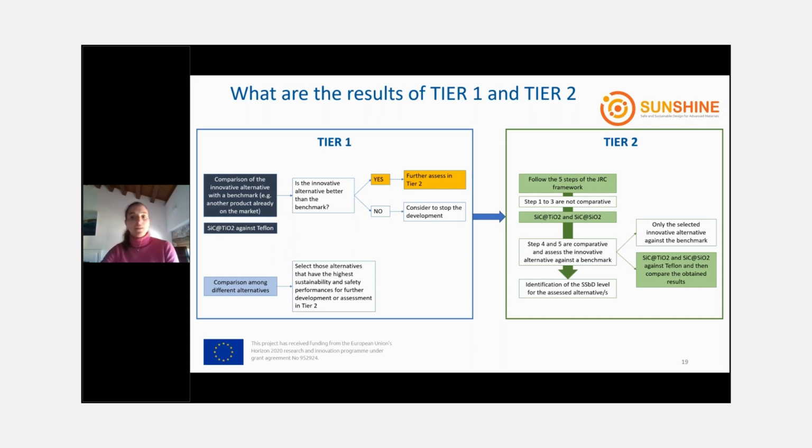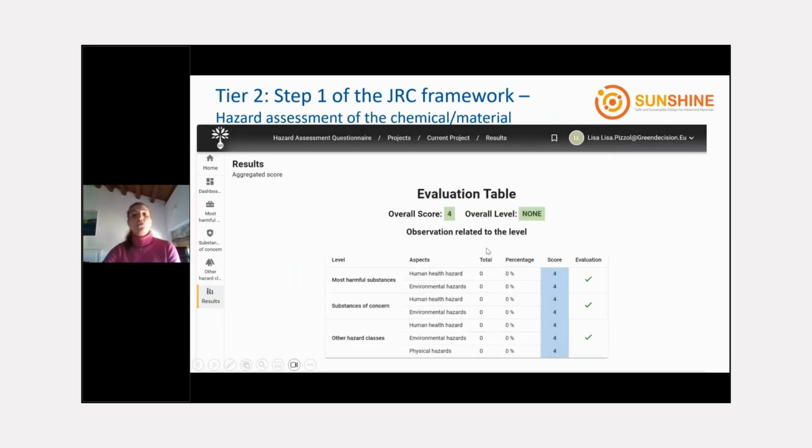Then the result of this comparison is compared in order to evaluate which of the 2 alternatives performs better. I'm not going to show you all the results for the 2 materials. Now I will follow SiC-TO2, and then at the end you will have the comparison with the SiC-CO2.